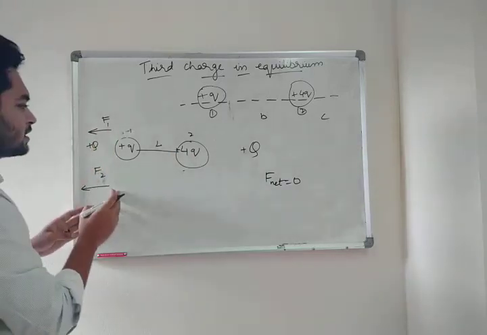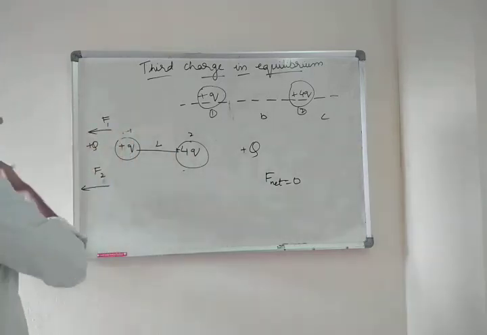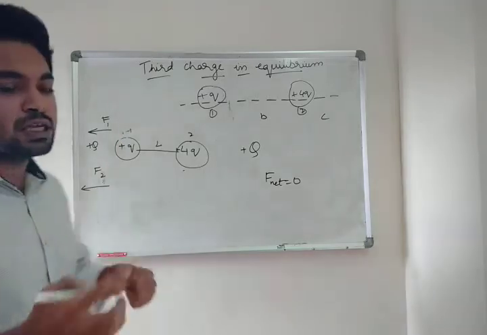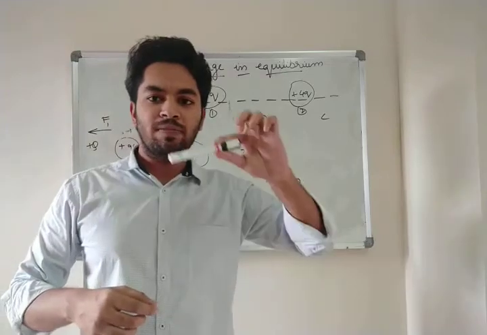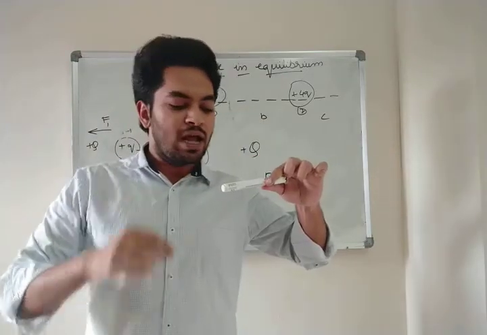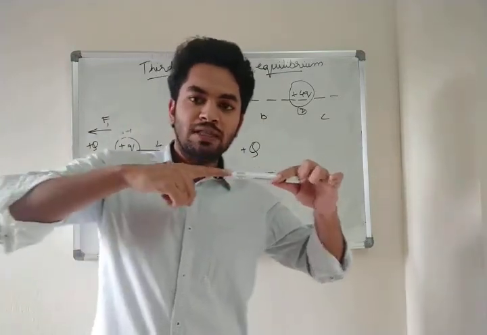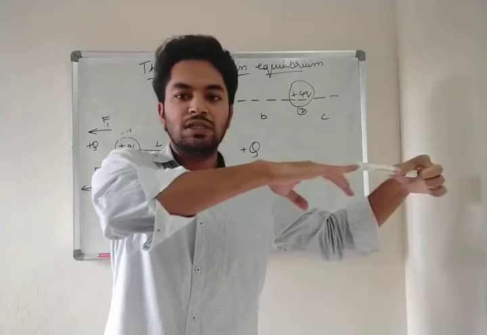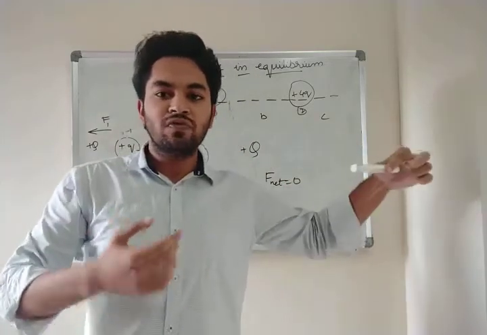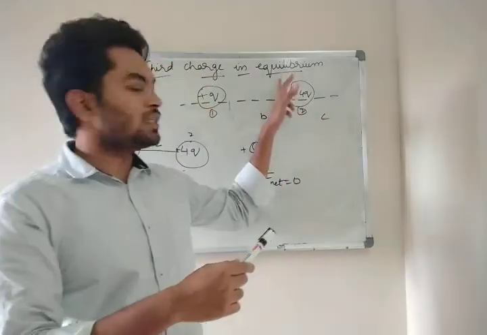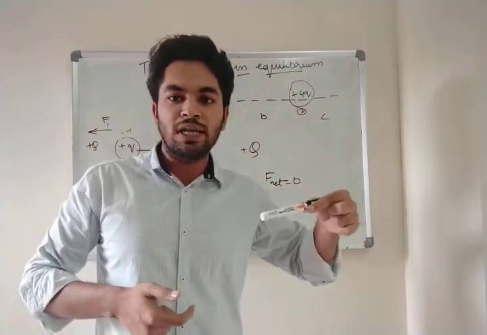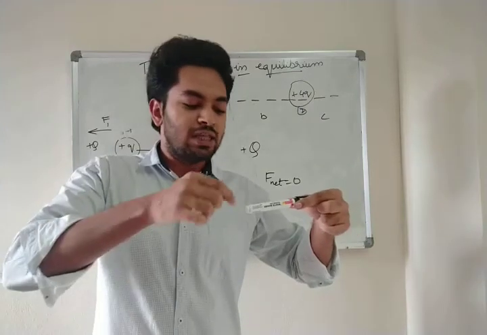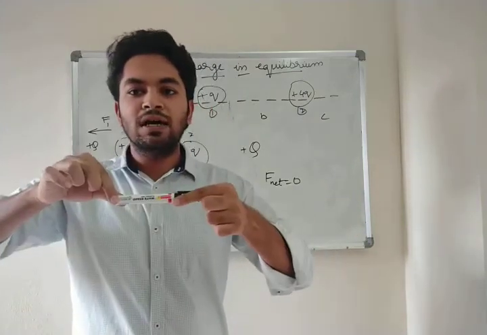In this case, both forces are in a single direction. What is equilibrium? If I pull this marker from this direction, and if I also apply the same other force in this direction, what will happen? This force plus this force. Is it equilibrium? No. Equilibrium is what? However much force you applied in one direction, the same force you need to apply in the opposite direction.